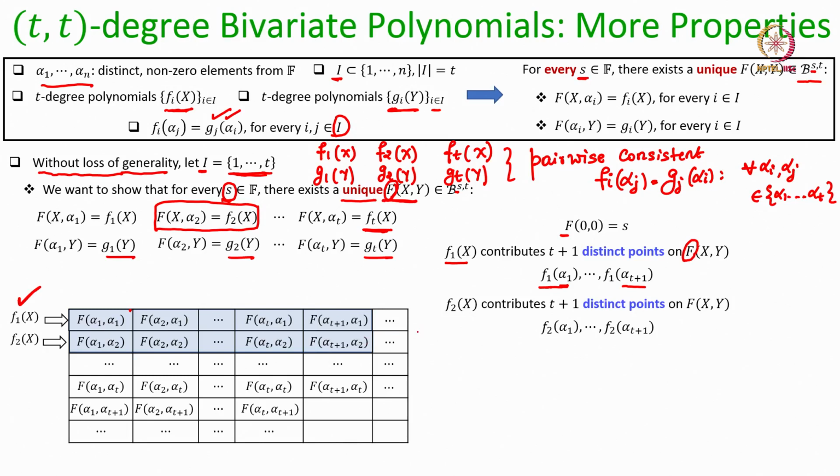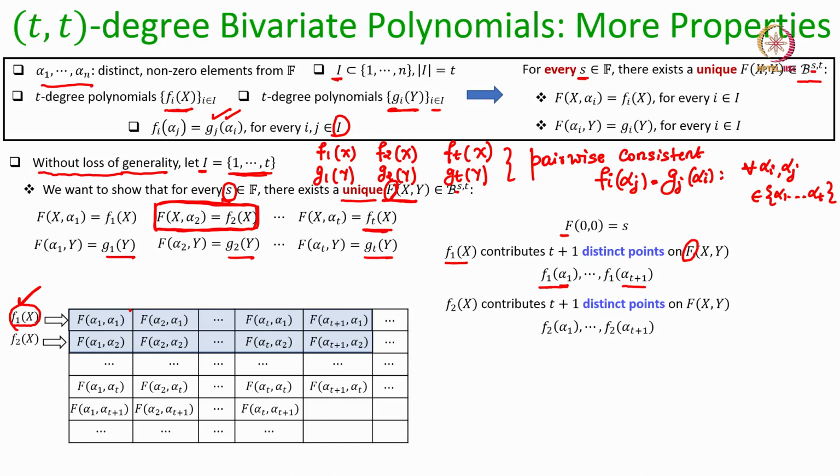And now, because of this second constraint, you are basically fixing t plus 1 new points on the unknown bivariate polynomial. Why are they new points? Because these points are different from the t plus 1 points which you have fixed due to the first constraint, namely the points in the first row.